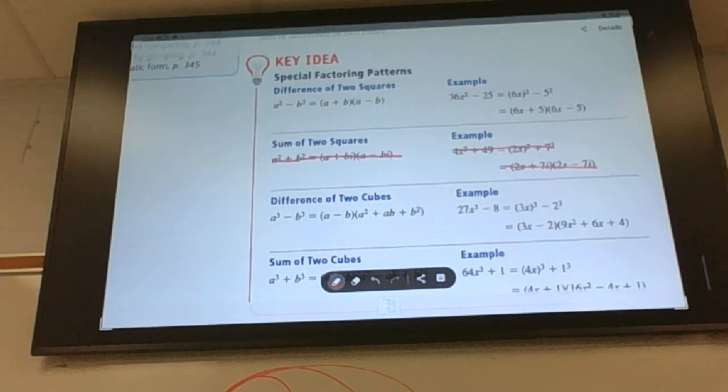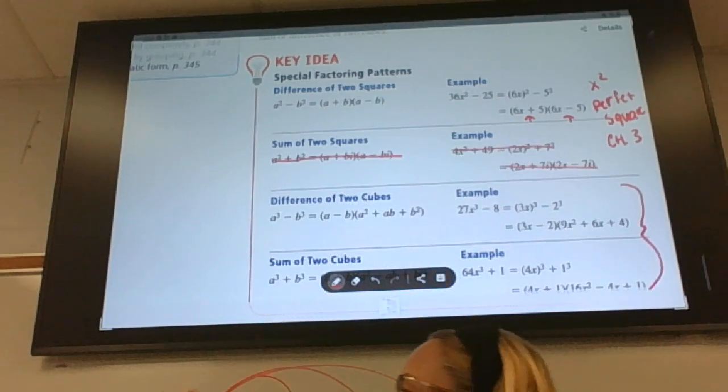This difference of two squares, where we did the plus and the minus sign, we square rooted 36 and 25, plus and minus sign. Notice this is x squared, so this is a perfect square. That's not new to you. That's chapter 3. It's these two that are new.